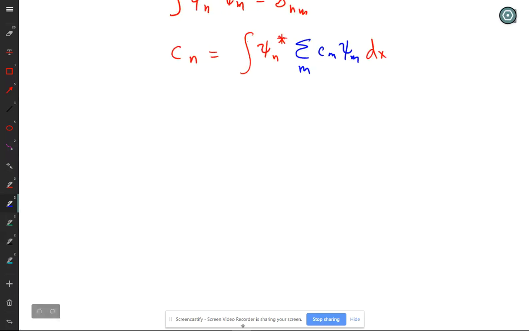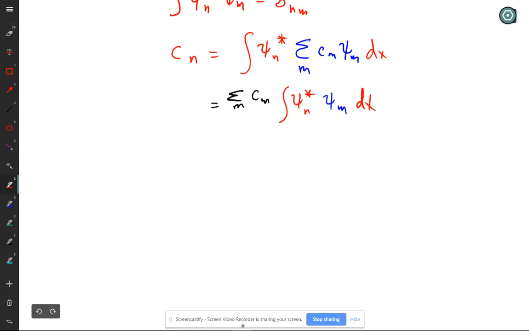So I can simplify this by recognizing C of m and the summation, those can move in and out of the integral. Right? Those aren't functions of x. And so I'm going to have sum over m, C sub m, integral of psi n star, psi m dx.